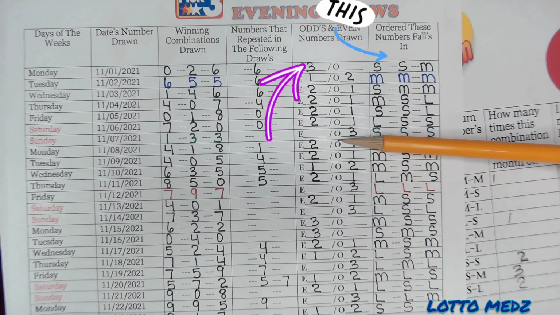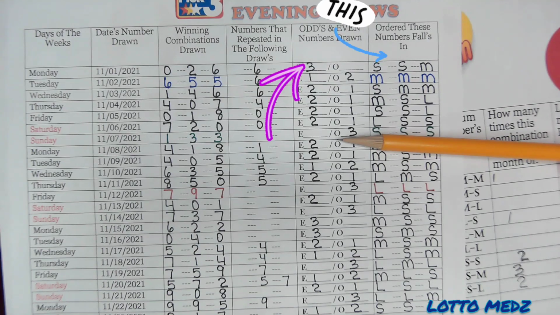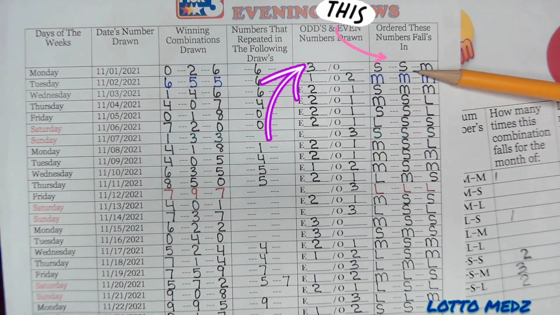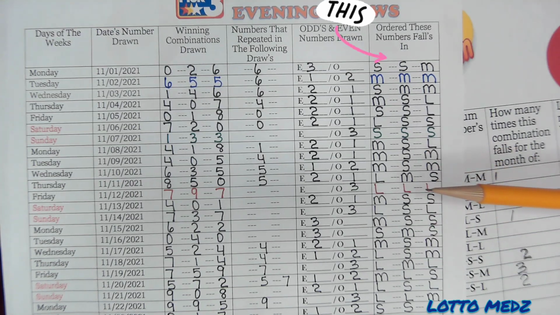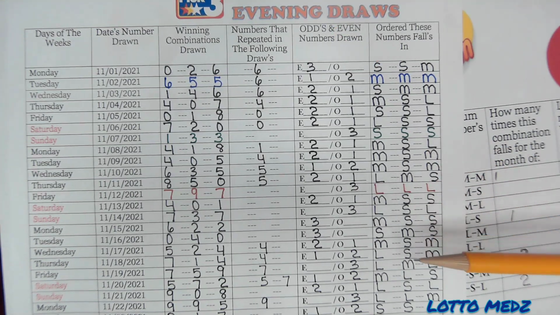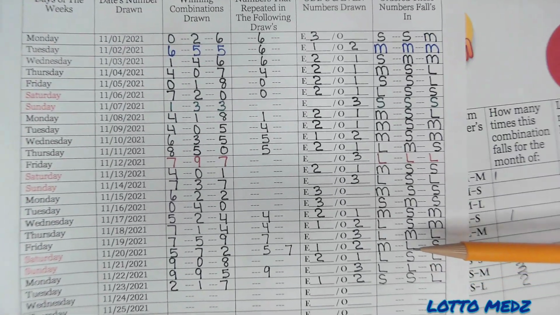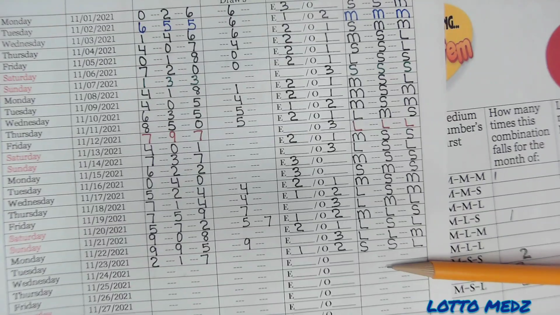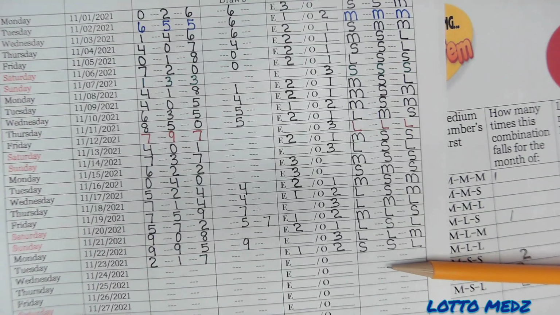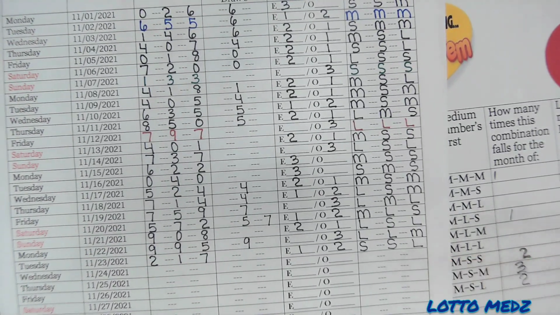You don't have to come here if you don't want to. You could still try to figure out the order of how these numbers fall. Figure out the next order that you want to go and play, and once you get that order, then you could play from the breakdown sheet that I showed you.